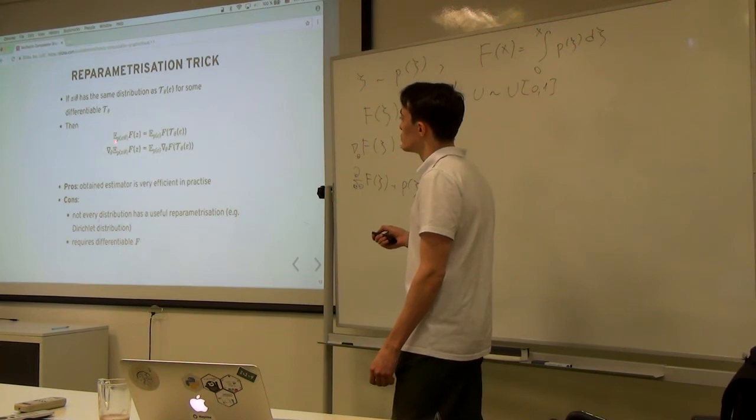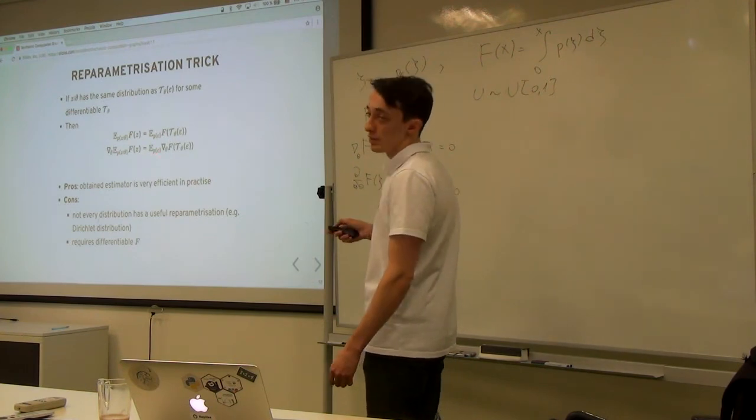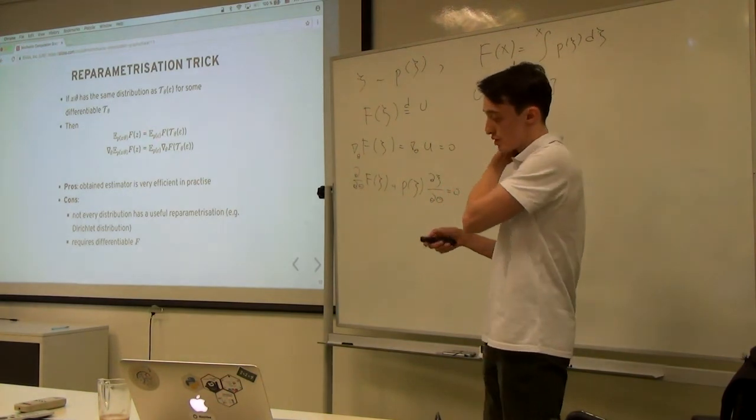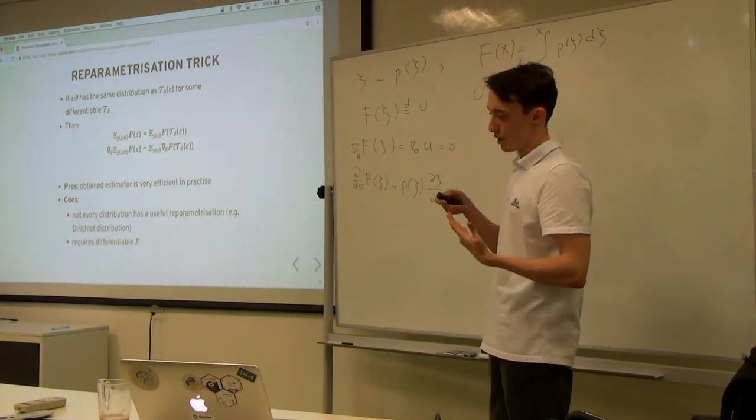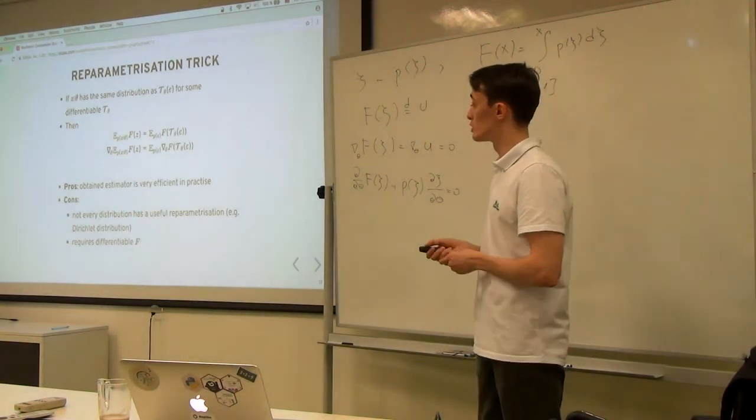So when you rewrite your function by sampling the independent noise epsilon, you no longer need to differentiate with respect to the distribution you take the expectation over.